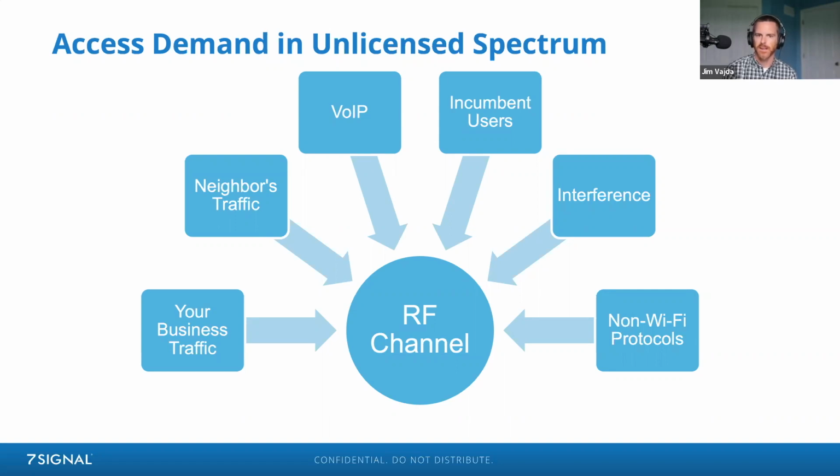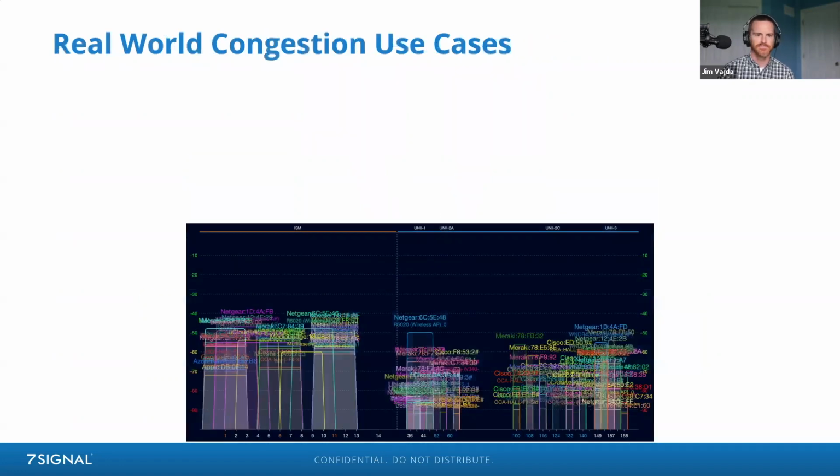So for Wi-Fi, again, to really deliver very low latency, it needs mostly empty spectrum, and that's what we get from 6 gigahertz. So that's one way to think about the benefits of 6 gigahertz.